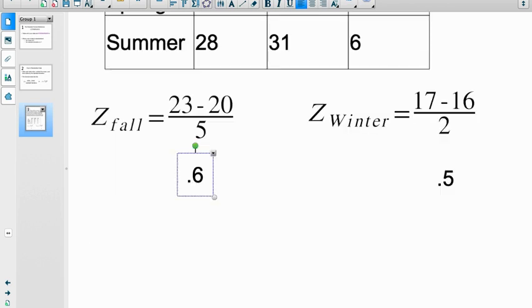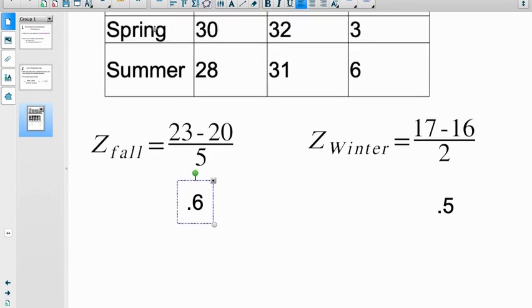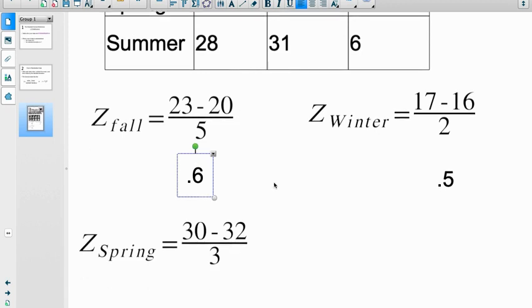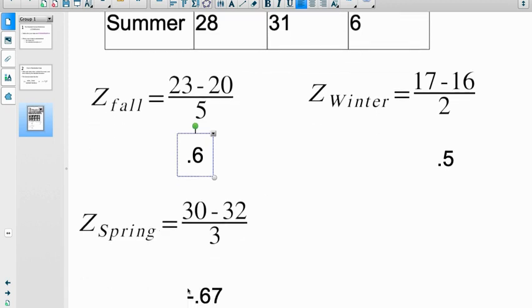If we go on to spring and summer, we can do the same process. In spring, he was 0.67 standard deviations below the mean. Value being smaller than the mean, we're going to have a negative Z-score.